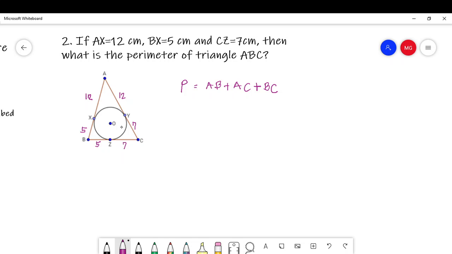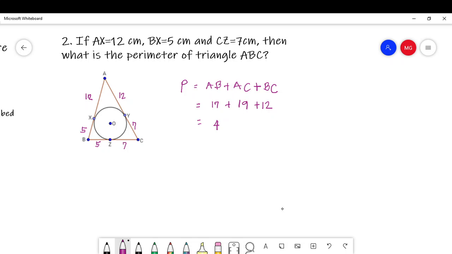Adding all of the side measures, our AB is 17, our AC is 19, and BC is equal to 12.